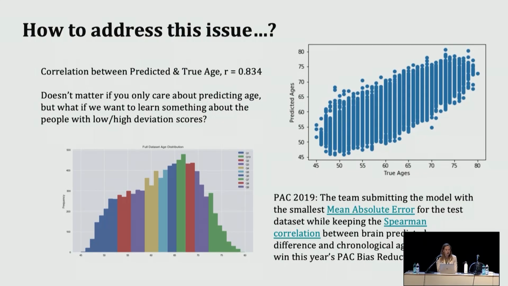I think it's related to OHBM. It's about using structural images to predict age, and I was excited to see that they're thinking about this too, and that they'll give an award if your model also has a Spearman's rho of less than 0.1. You'll get the bias reduction award. So this is definitely something I'm actively thinking about, and I think it's important to address.